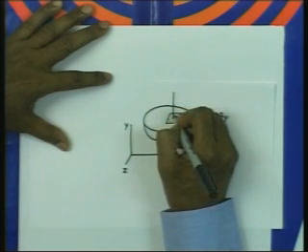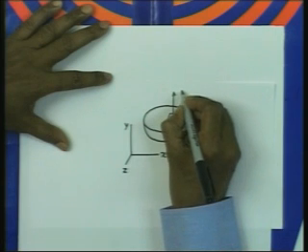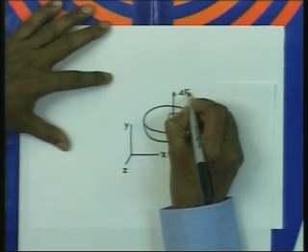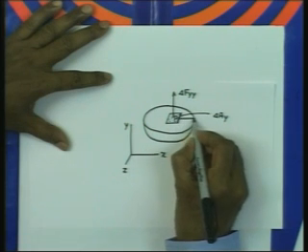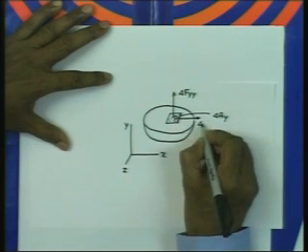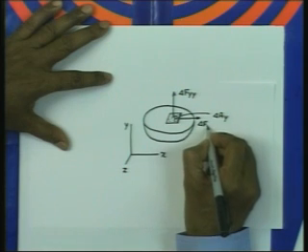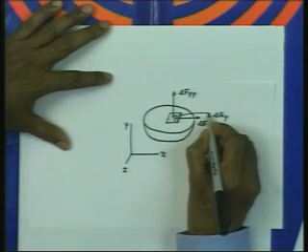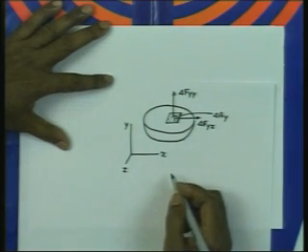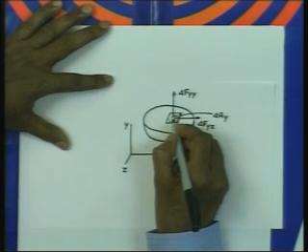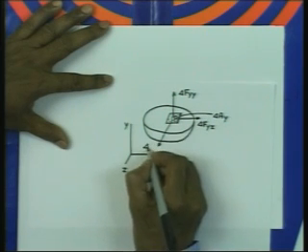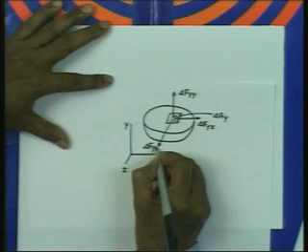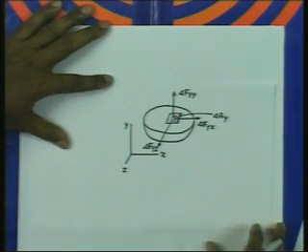We will have one component which is delta f yy, then one component which is parallel to the x axis, acting on the y face in the x direction, so this is delta f yx, and then we also get a component in the z direction, so this is delta f yz.